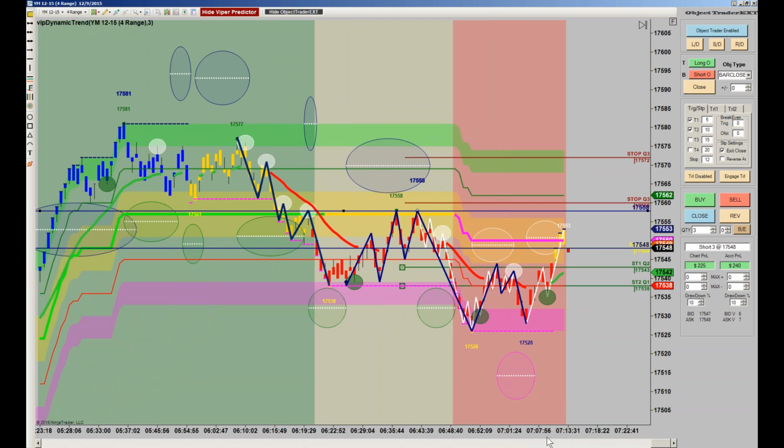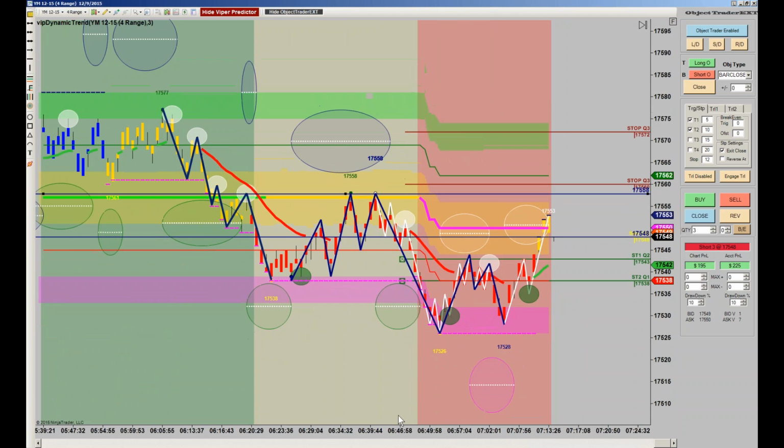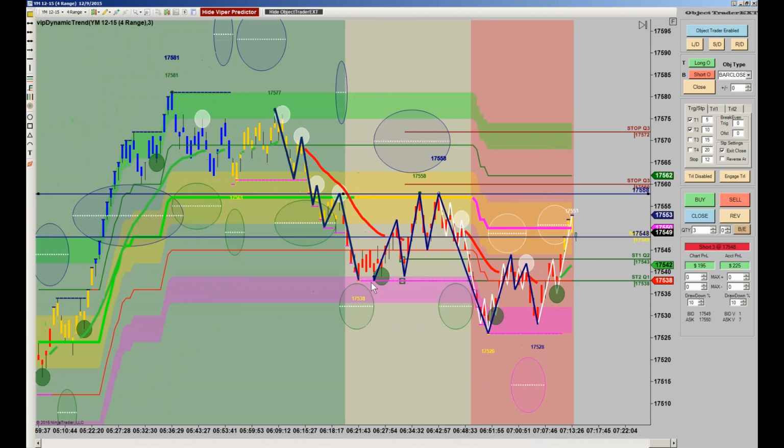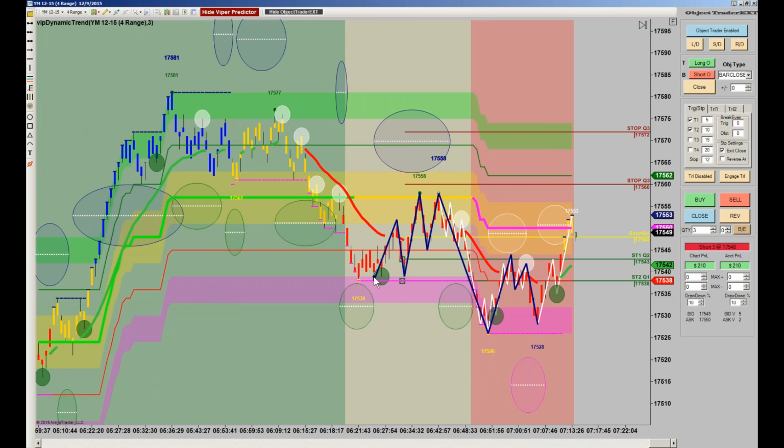All right, now where would your stop be on this trade right now based on what we see on the chart? Let's get rid of some lightning and see if we can show just that. All right, I'm going to get rid of this lightning. I'm going to get rid of this lightning. All right, let's look at our chart. We've got a thrust, a retrace.